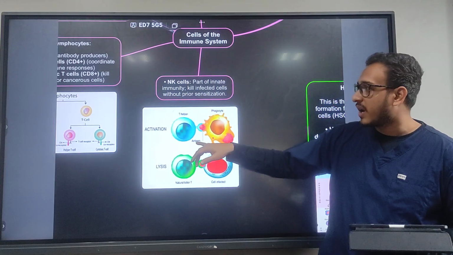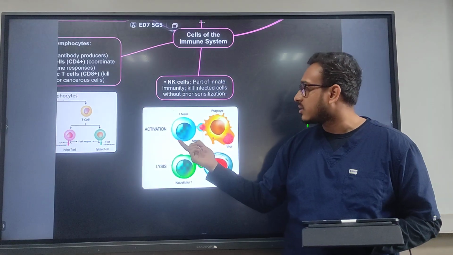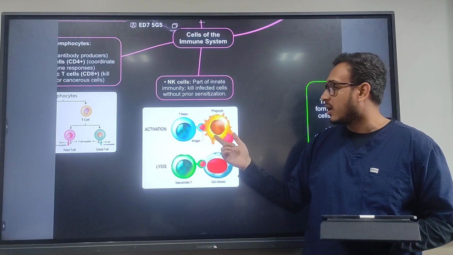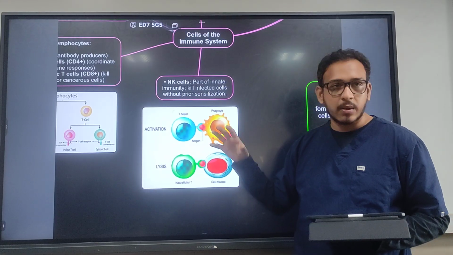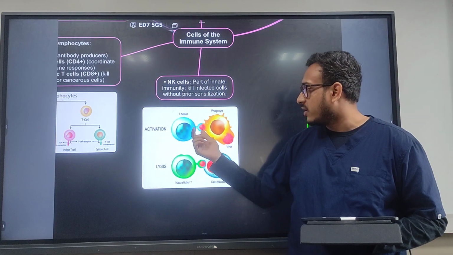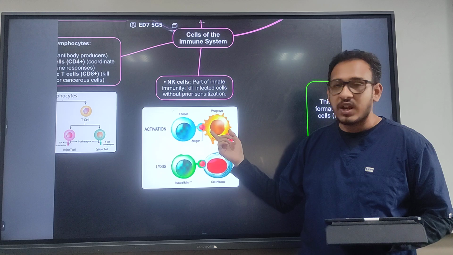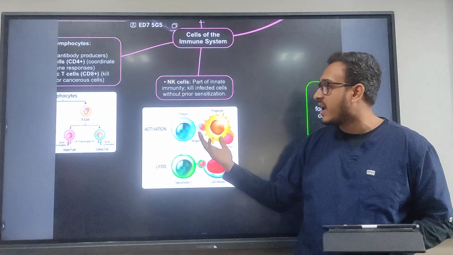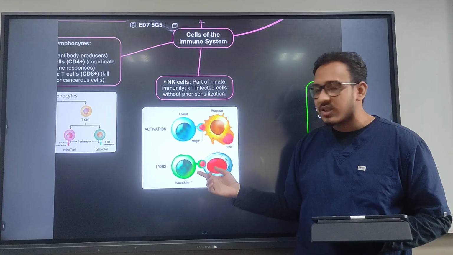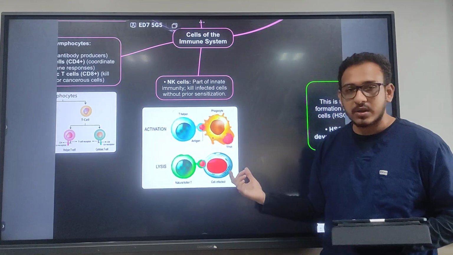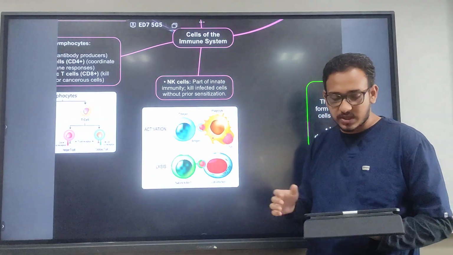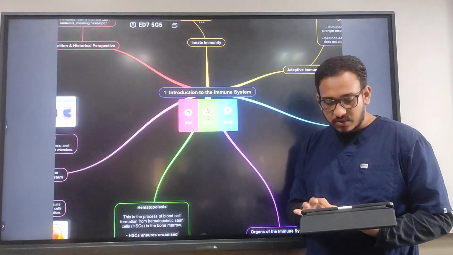This is how the mechanism works: the bacteria will show some surface markers, and the T helper cell will identify these markers and produce antibodies against the cell. Then natural killer cells will detect those antibodies, bind to those specific cells, and kill them. So that's the introduction to the immune system.